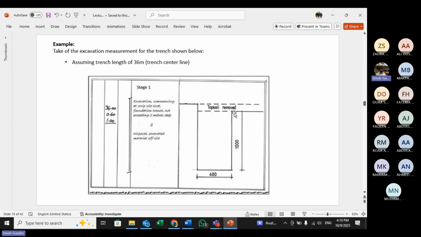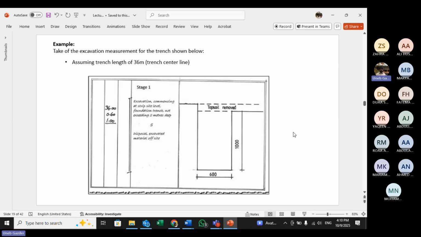Okay. Now here you can see that they did not mention the bulk excavation. So maybe they don't need the bulk excavation. After the topsoil removal, the ground is at the required level. So it's fine. They feel that it's strong enough and you can just compact it and use it. So this can be done as well.